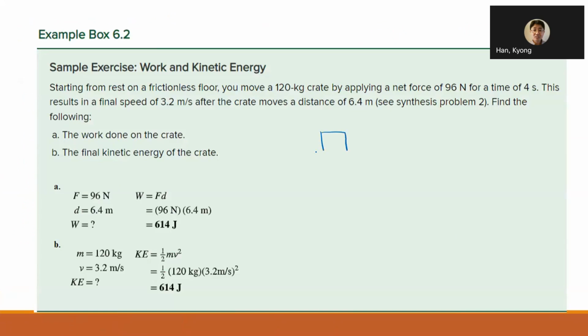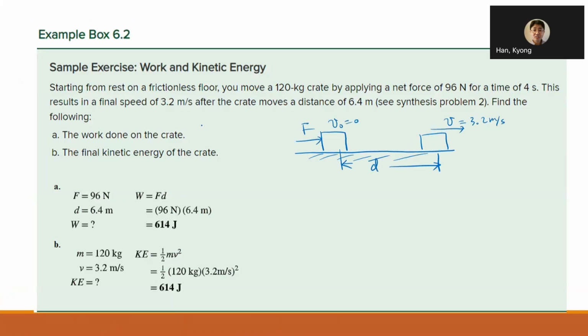As I mentioned, here is a crate. I applied force F applied, then it moved here, the distance D. The initial velocity V naught equals 0, and the final velocity is 3.2 meter per second. It gained some velocity, right?